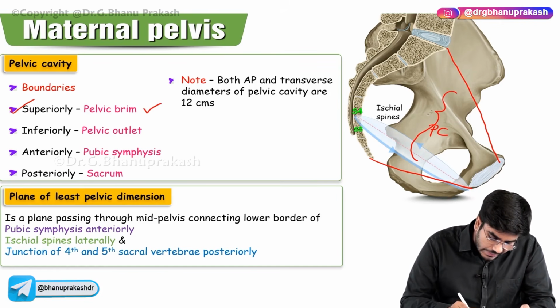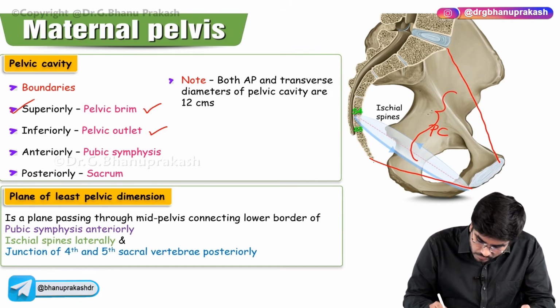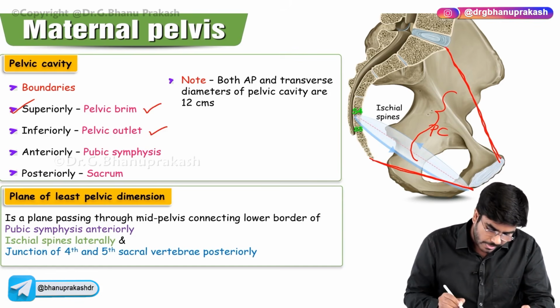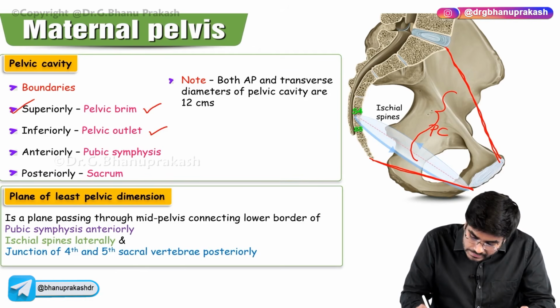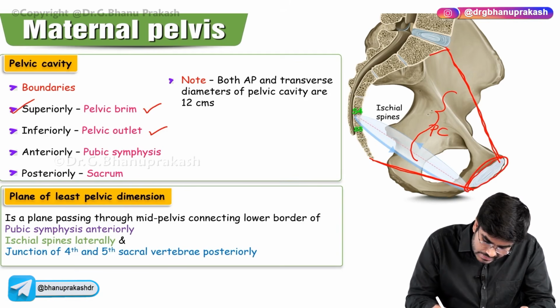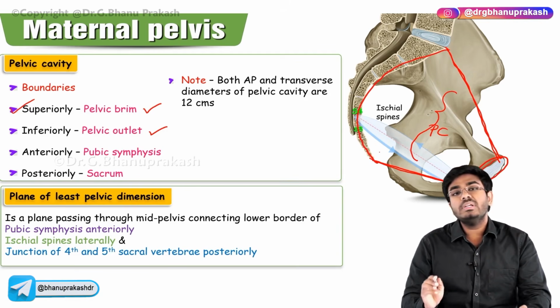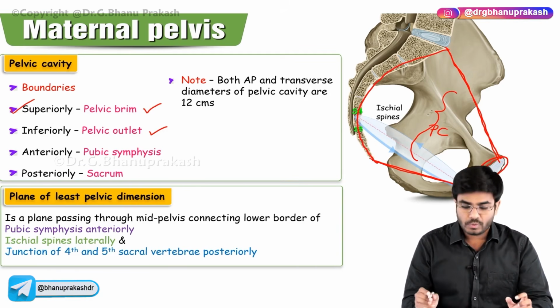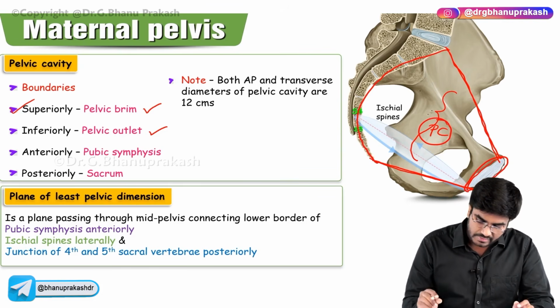Inferiorly there is the pelvic outlet. Anteriorly there is the pubic symphysis and posteriorly there is the sacrum. So these are the boundaries of the pelvic cavity.